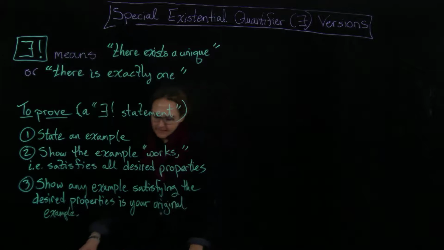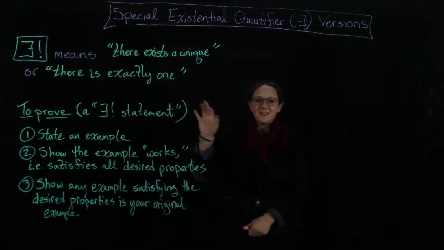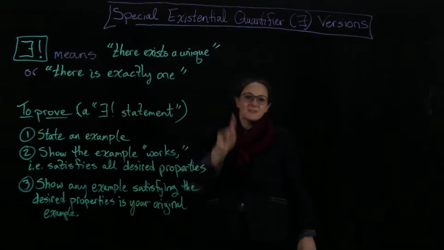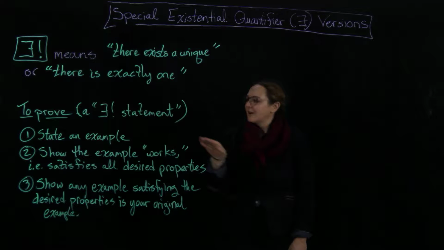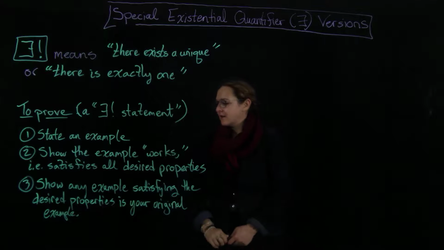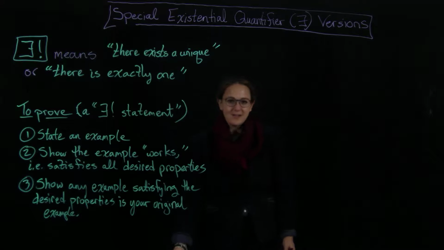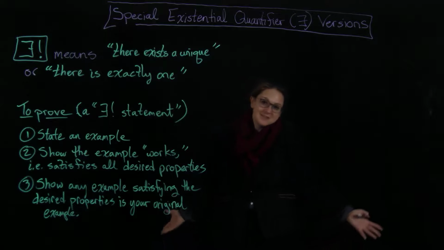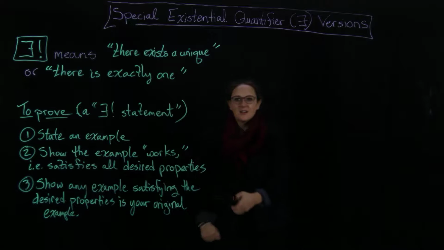So this is the there exists unique. The exclamation point means that there's precisely one. There's just an added step, which is that you need to show that any other example would have to be your original one, because you can't have more than one. So you need to do that.